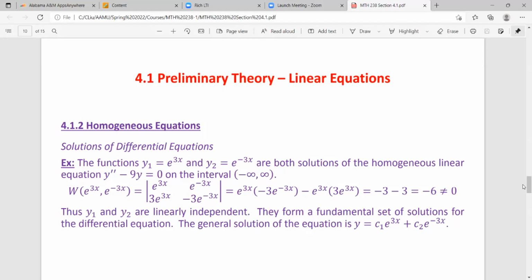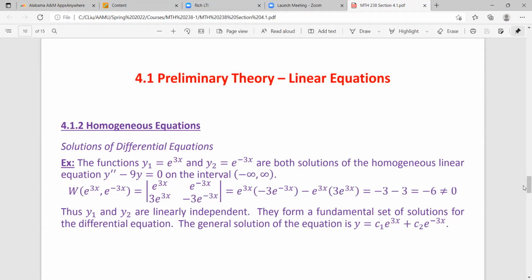So we got the 4 elements or 4 functions. You just multiply the upper left function with the lower right function, subtract the upper right function times the lower left function. Okay, that's how you do it.